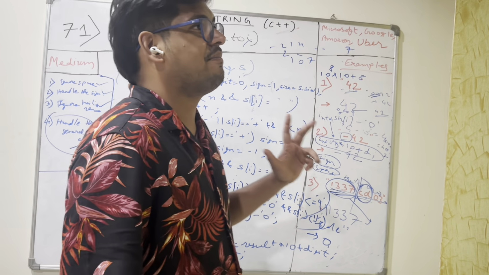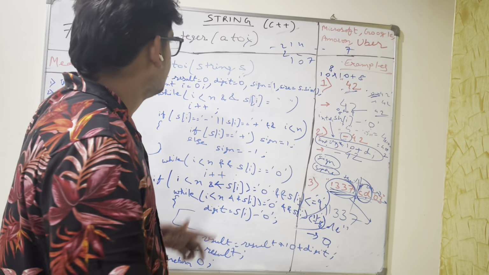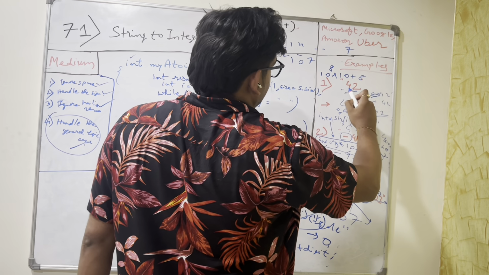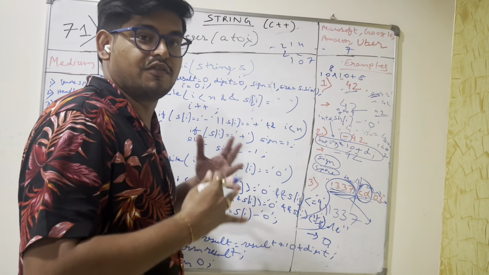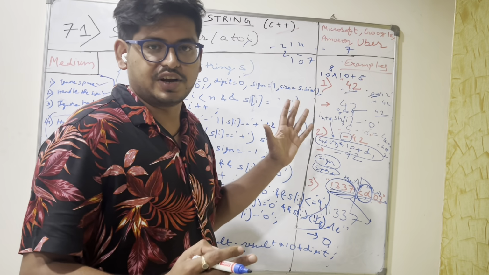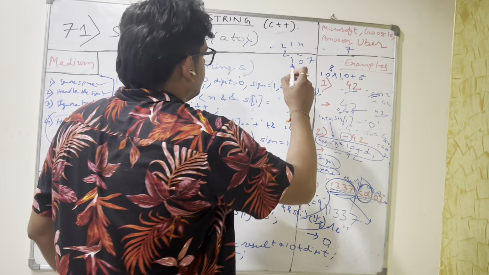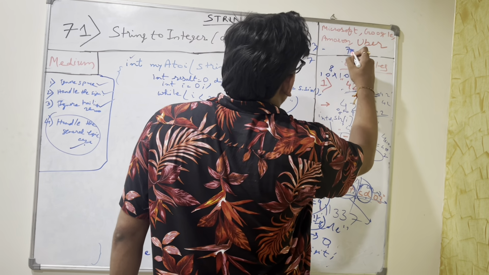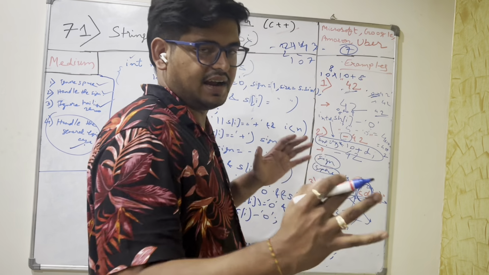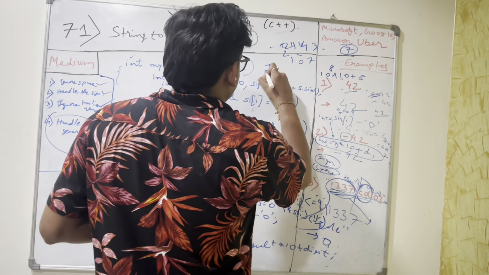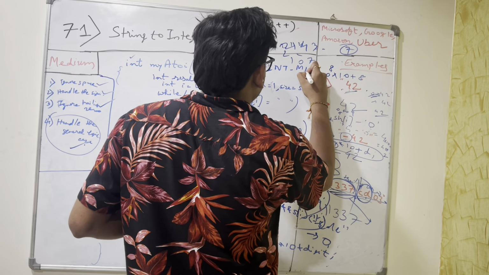What will happen if the integer value that we convert, string to integer, overflows? There is a limit to the storage of integer values. The integer data type can store something like 2, 1, 4, 3, and so on, that ends with 7. I don't remember the exact max value. So we have an int max, the maximum that an integer data type can store.